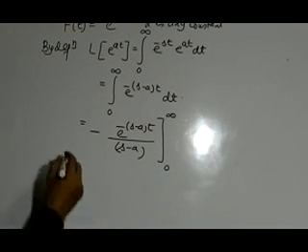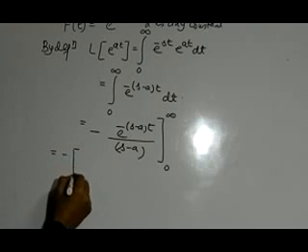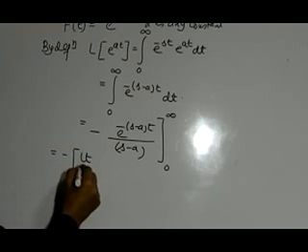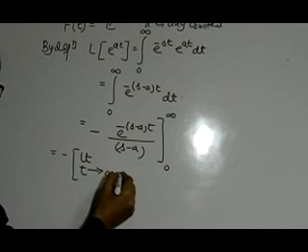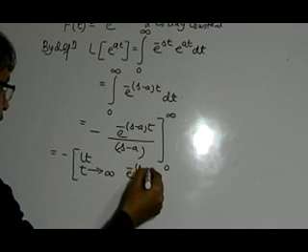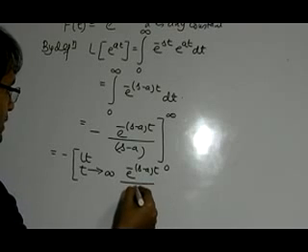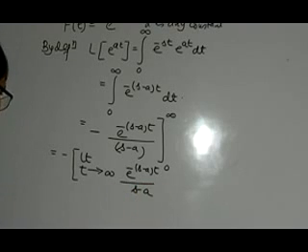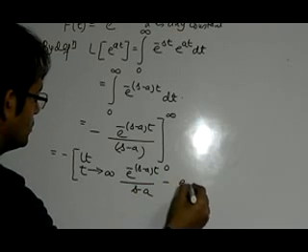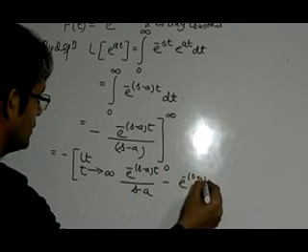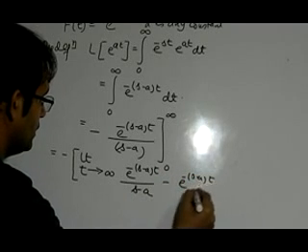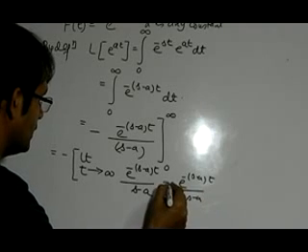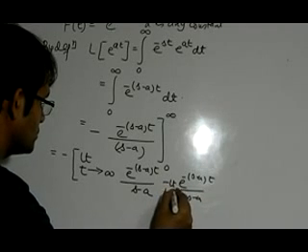Now I can write this as minus sign outside, the upper limit as t approaches infinity of e to the power minus (s minus a)t by (s minus a), minus e to the power minus (s minus a)t by (s minus a) with limit t approaches 0.